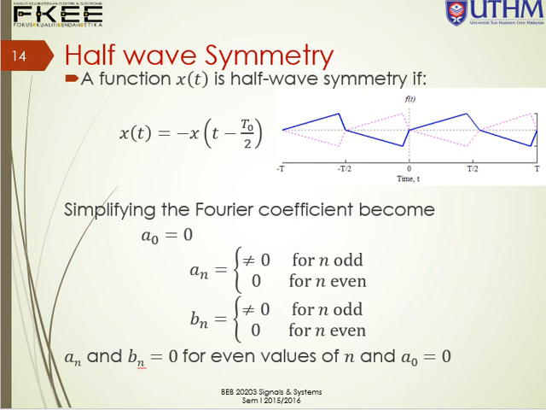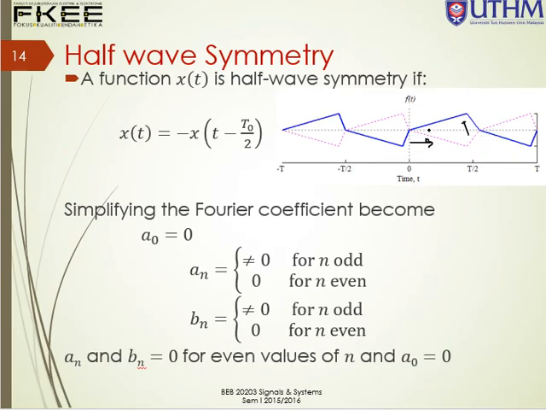If you look over here, you have a periodic signal, and one cycle is 0 to T. When you shift your original signal by half of the cycle, this part will be moved to here, and then after that you multiply with negative, so you will go up here and get the original signal. So this is a half wave symmetric signal.